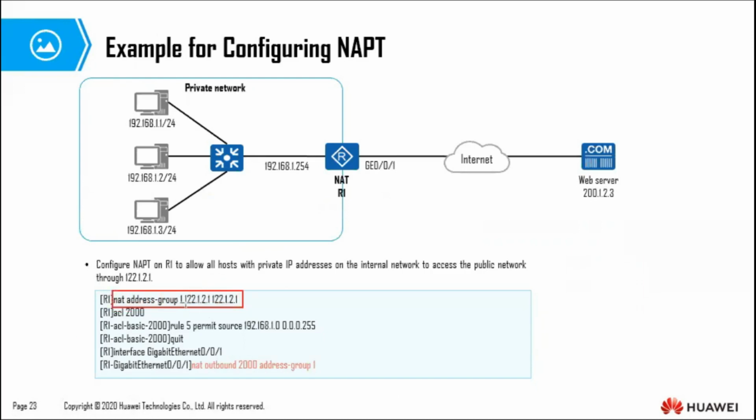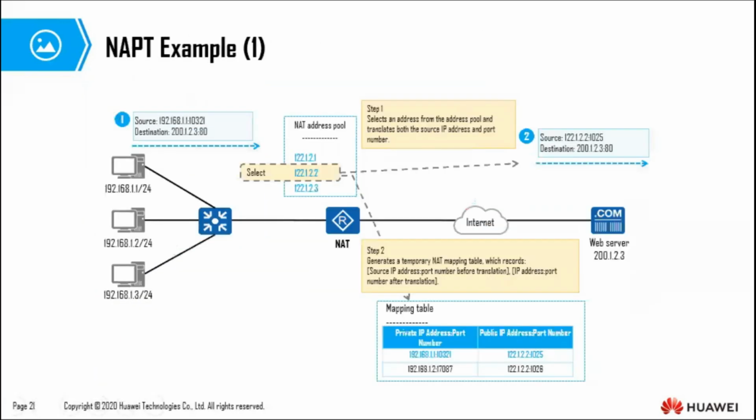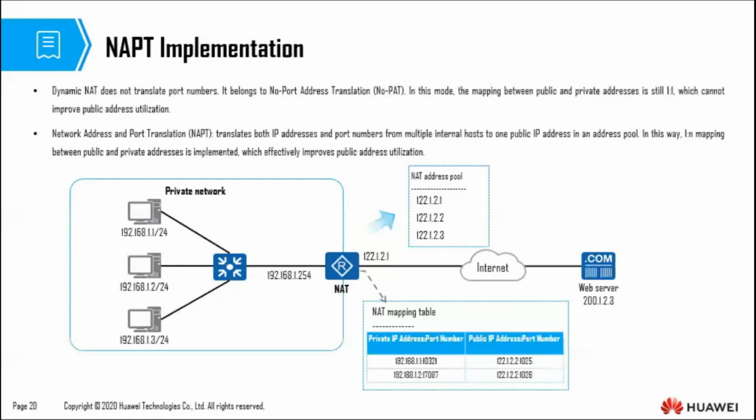For example, here we have 122. Here we just have one or something. Okay. Let me go back. Okay, good. So in network address port translation, you have a number of public IP addresses in your pool.